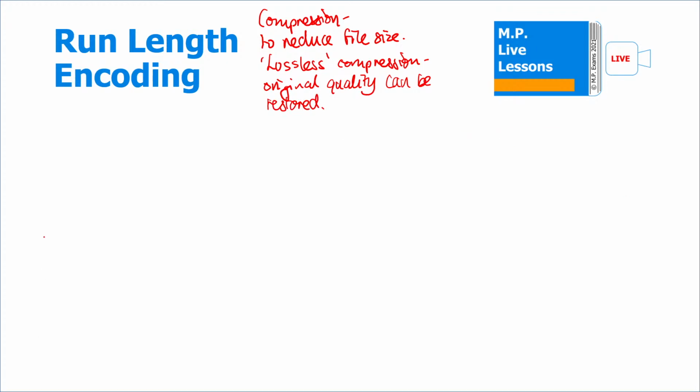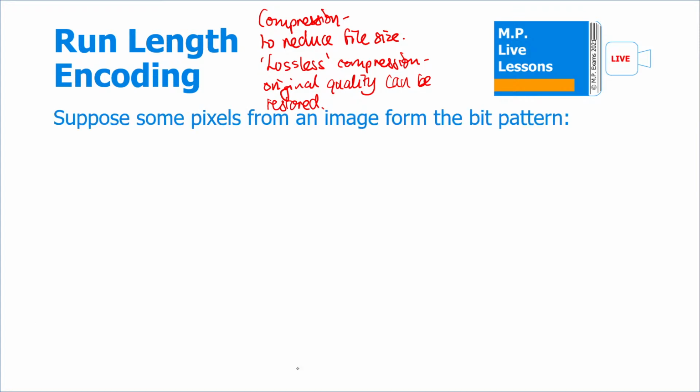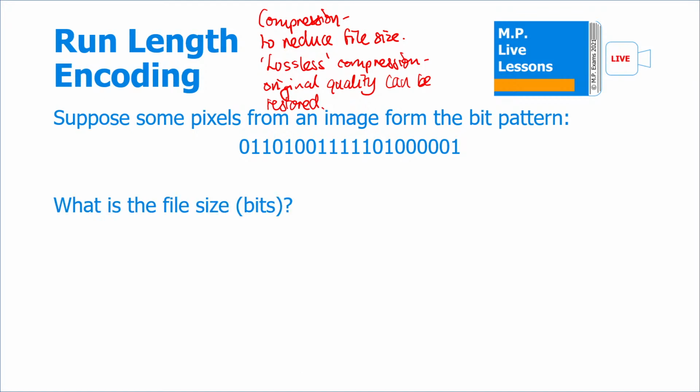And the way to do this, for example, if we have this bit pattern, which could represent things like images, it could represent sound, it could represent data, for example. Now, what's the file size right now? We just count the number of bits here, or binary digits. I'll split them up into 4s here. So there's 20 bits right now.